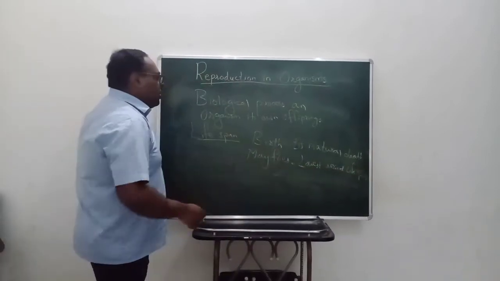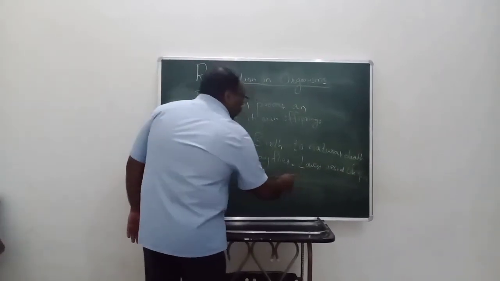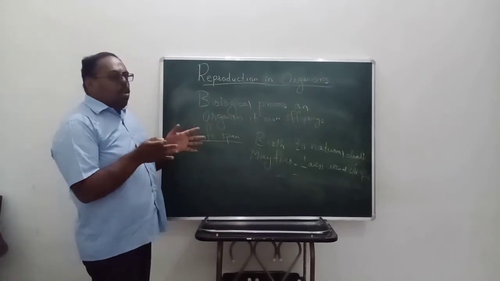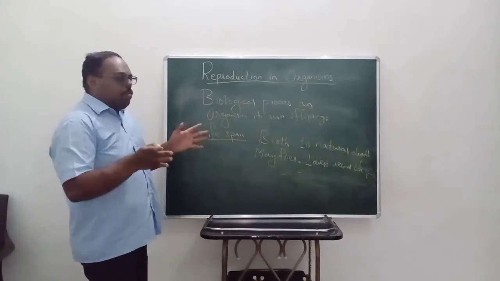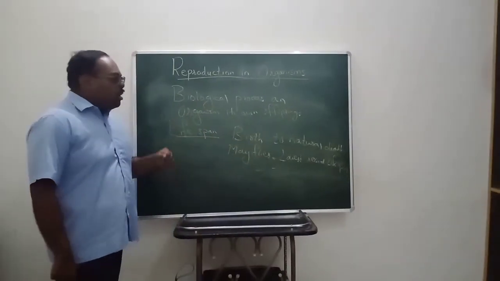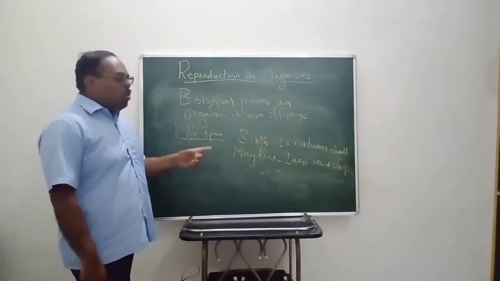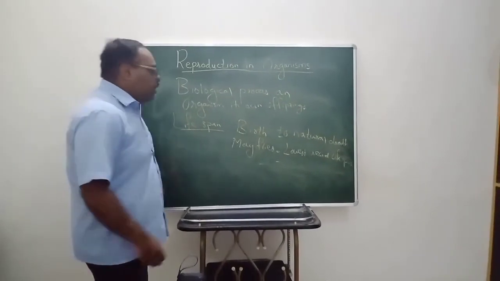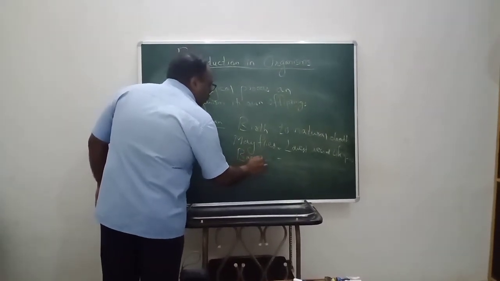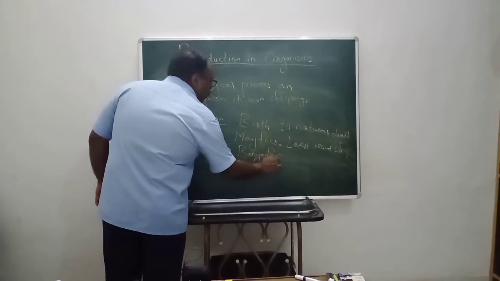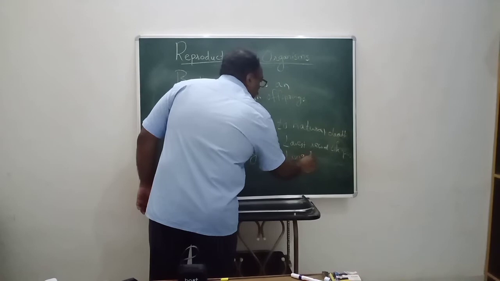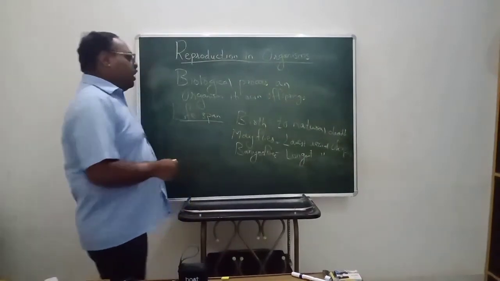The longest one, that means an organism which can live for a maximum time: the longest recorded lifespan belongs to a tree known as the banyan tree, which can live up to 200 years.